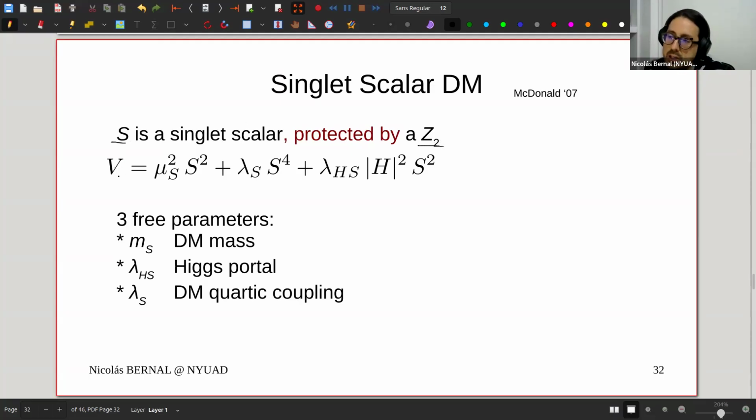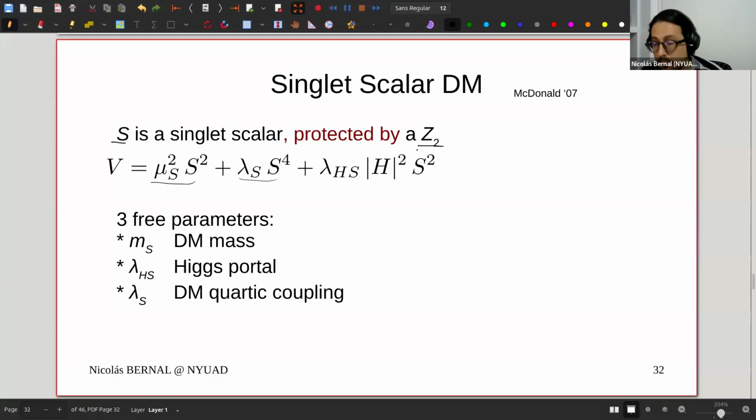So the scalar potential will have a quadratic term on the field that will give rise to a mass. We can also have a quartic coupling, so S to the power 4. And the only renormalizable portal is the Higgs portal, so we can imagine H squared, two Higgses and two dark matter particles.